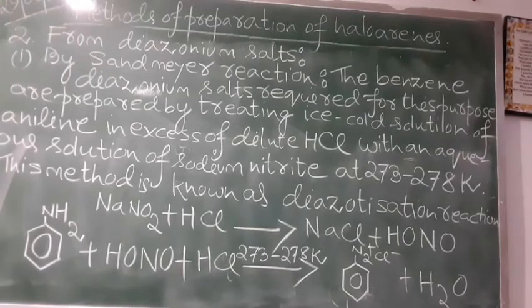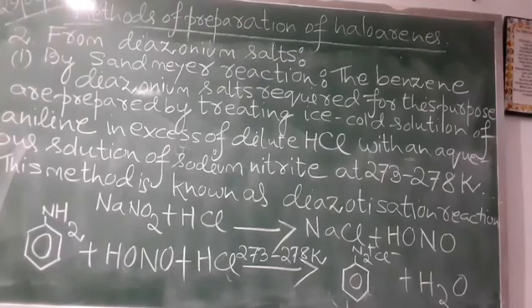This method is also known as diazotization reaction. So you see the equations which I have written. Sodium nitrite NaNO2 plus HCl forms NaCl plus nitrous acid. Yes, HONO or HNO2 means nitrous acid.